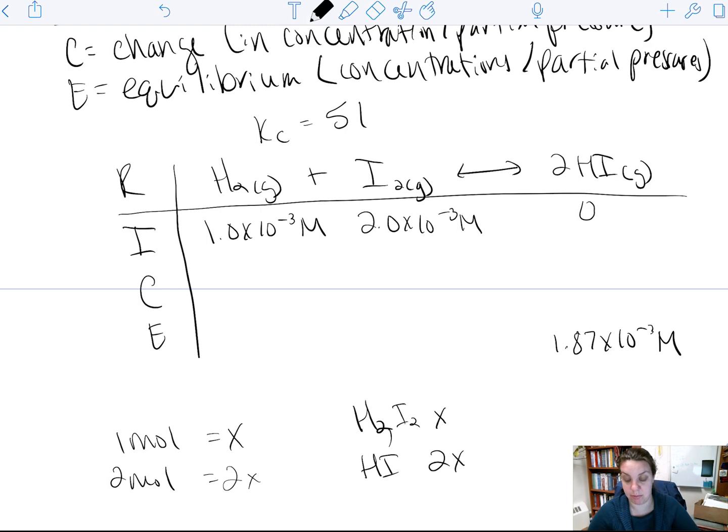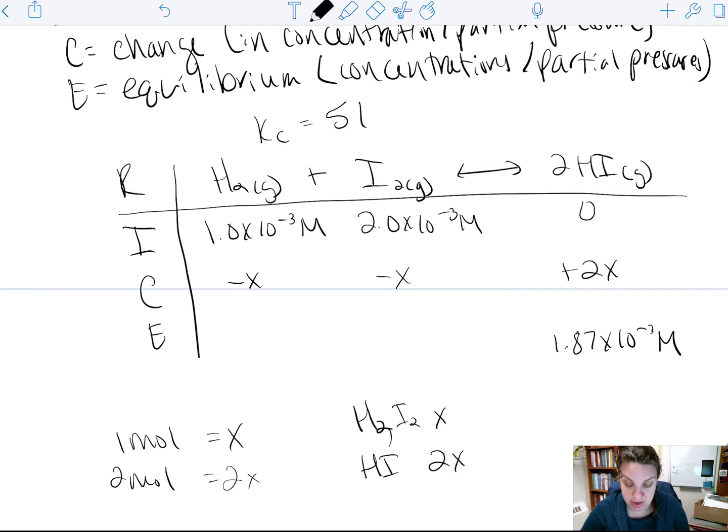So when we go from our initial reactants to producing HI, we're going to remove however much H2 and I2 as we produce HI. So we'd say minus x for H2, minus x for I2, because we're going to remove that amount, and add 2x to our HI.